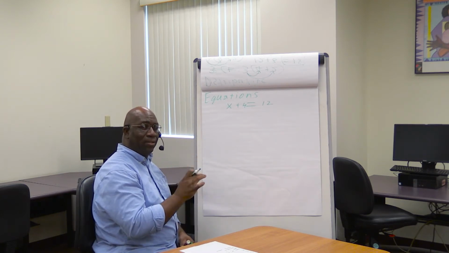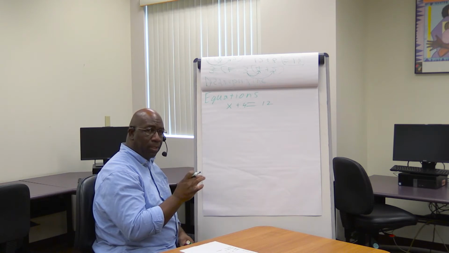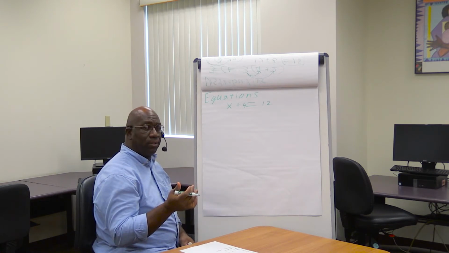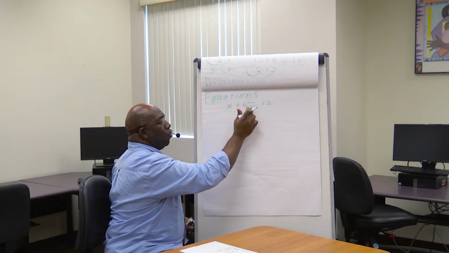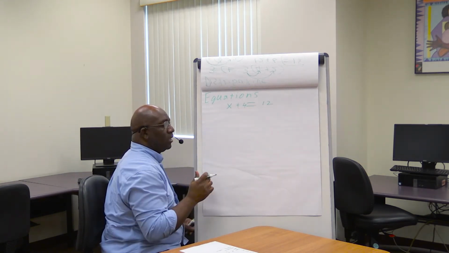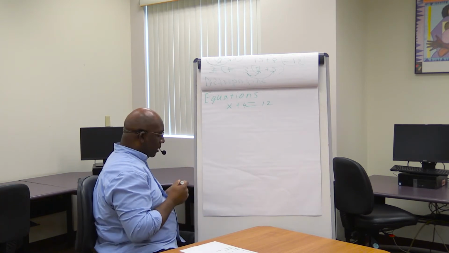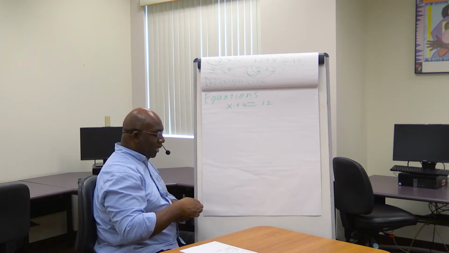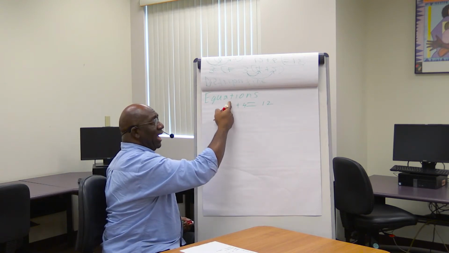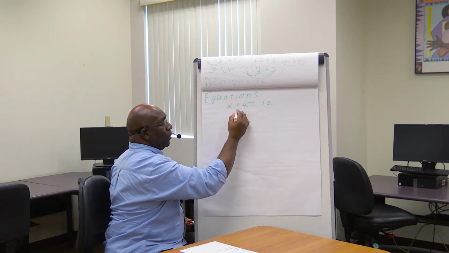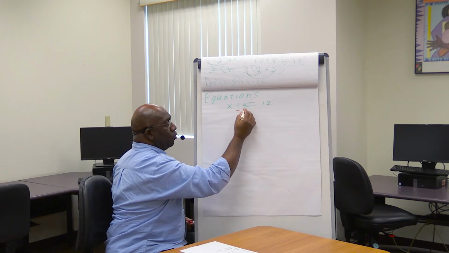Once you've isolated the variable, your equation is solved. For instance, x plus 4 equals 12. How am I going to solve this? The first thing I'm going to do is an inverse of 4, because I'm trying to get x by itself. So it is minus 4.